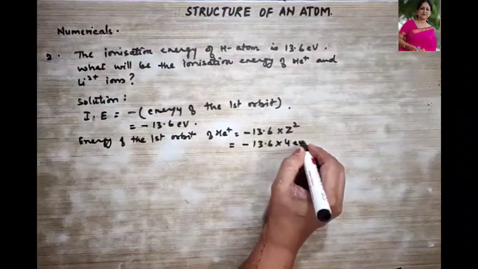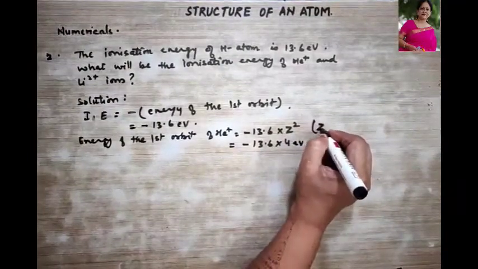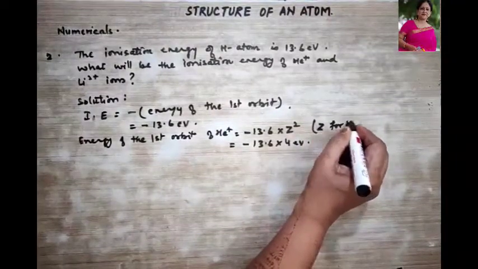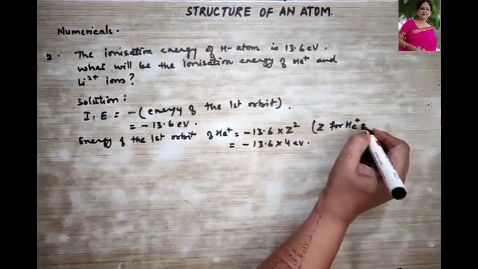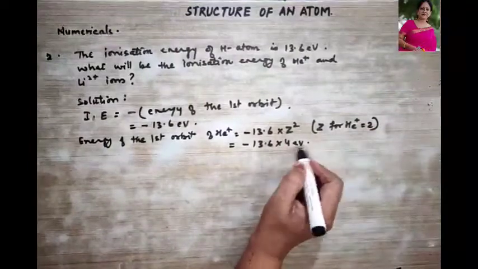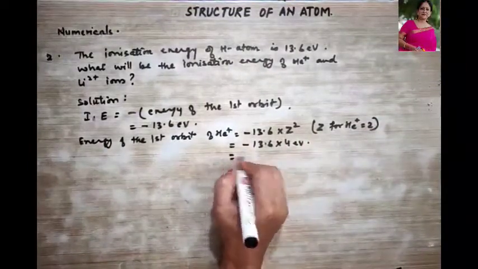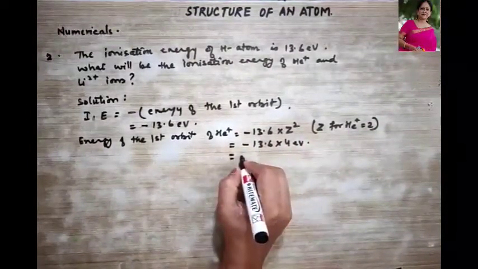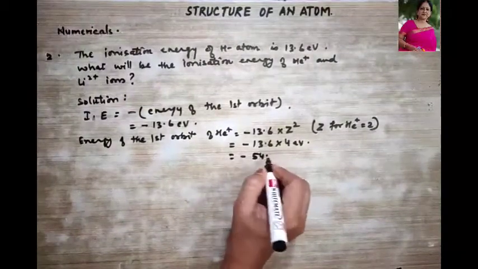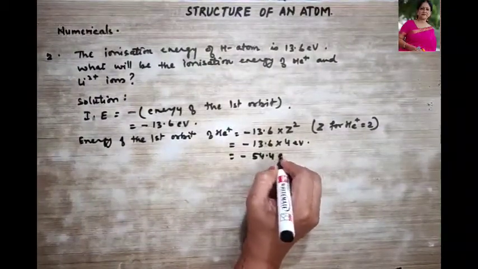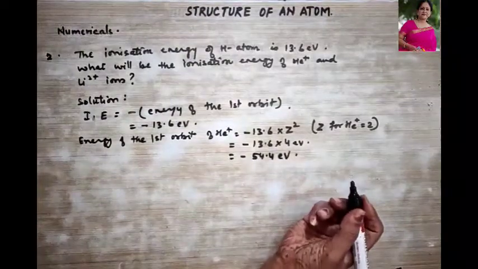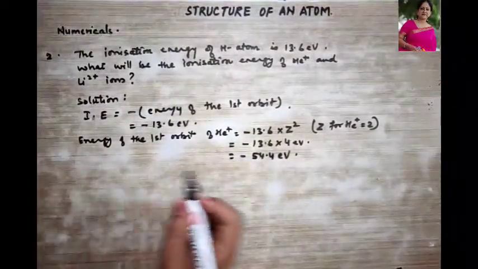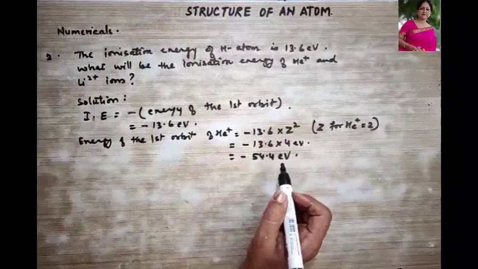I hope that is very clear to you. I'll write it down over here. Z for helium ion is 2, so Z square becomes 4. So when you multiply this, it becomes minus 54.4 electron volt.